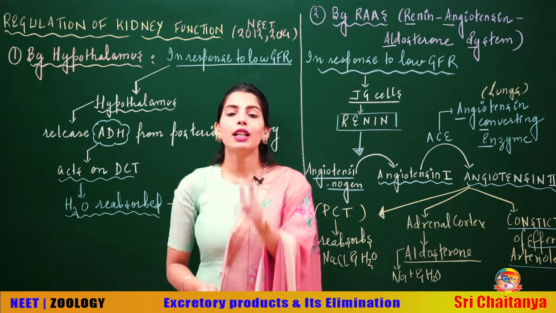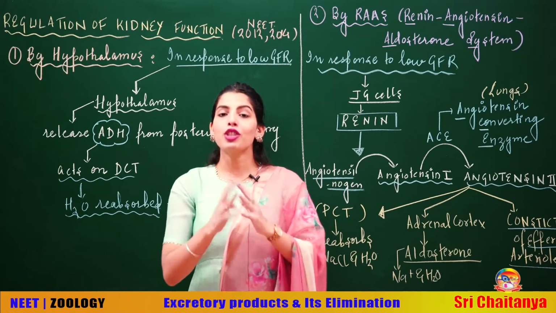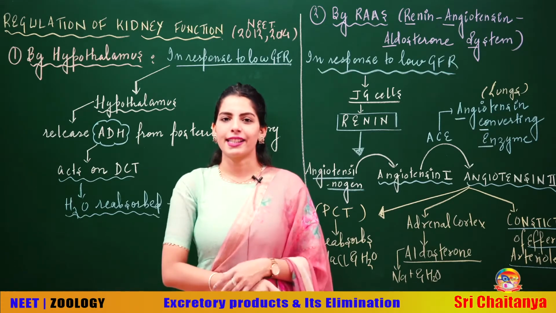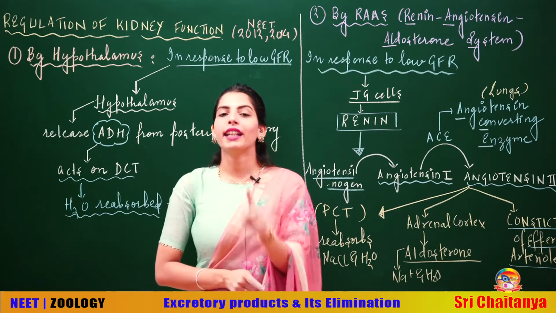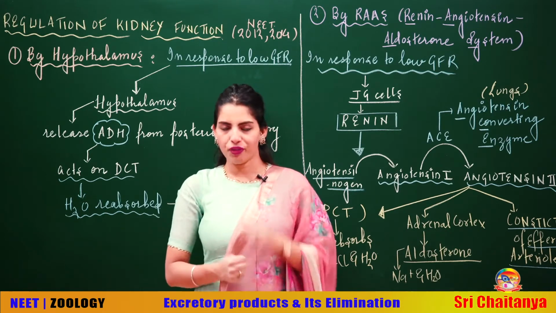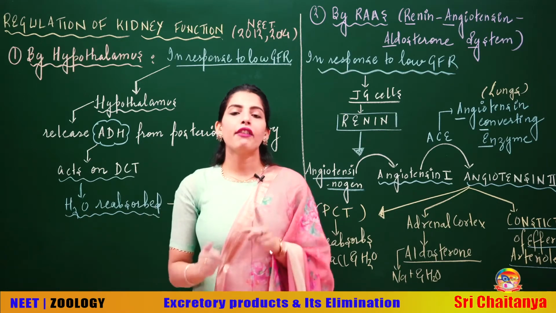That means your blood volume is less. And when your blood volume is less, you need to understand that your plasma, your water is less. That means you will be operating all the processes that are going to reabsorb more water. Did you get my point? So it is operating when the GFR is low.